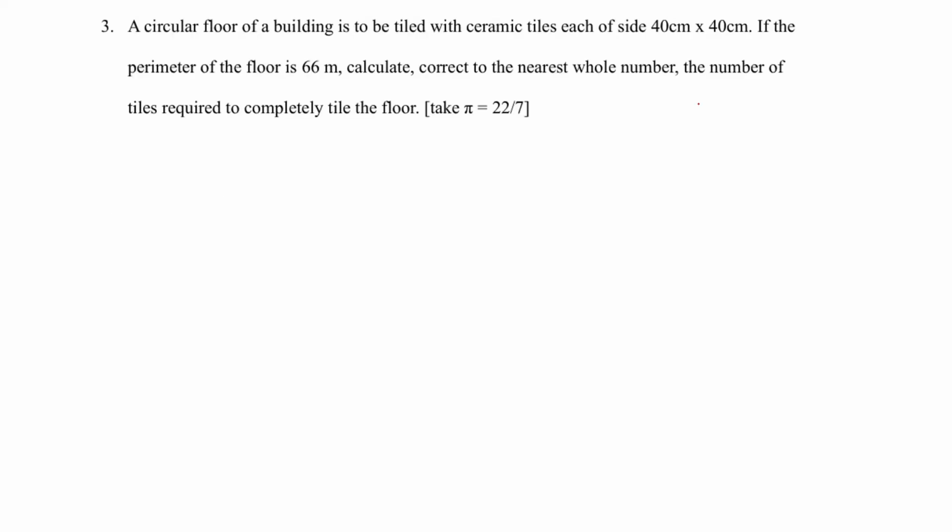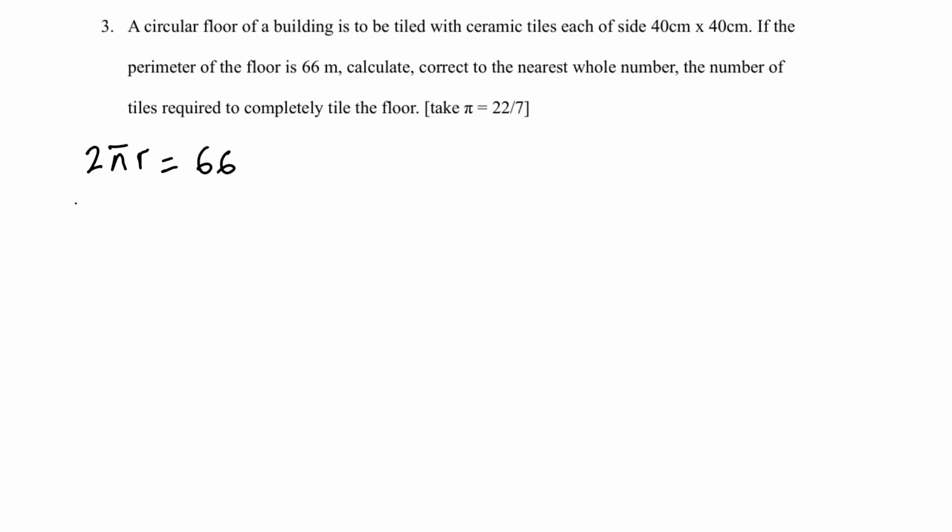Question 3. A circular floor of a building is to be tiled with ceramic tiles, each of side 40 centimeters. If the perimeter of the floor is 66 meters, calculate correct to the nearest whole number the number of tiles required to completely tile the floor. Now, we have been given the perimeter of the circular floor as 66 meters, which means 2 pi r, since the perimeter of a circle is 2 pi r, equals to 66 meters.